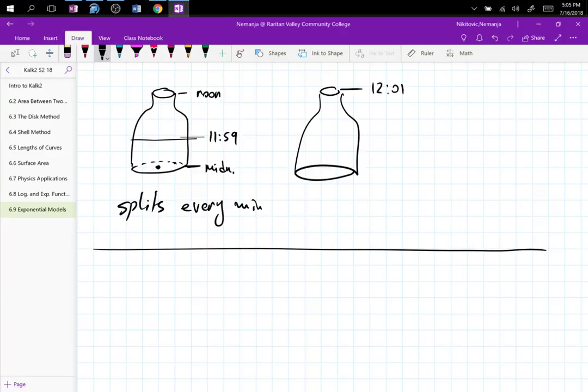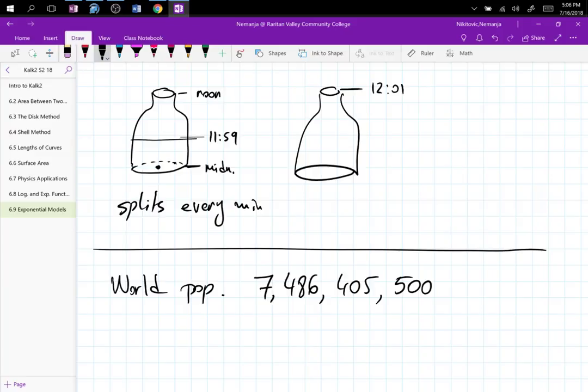So I'm going to use the population clock, and the population clock tells us the world population at this moment is 7,486,405,500, because by the time I finish writing 500, it will be at 500.